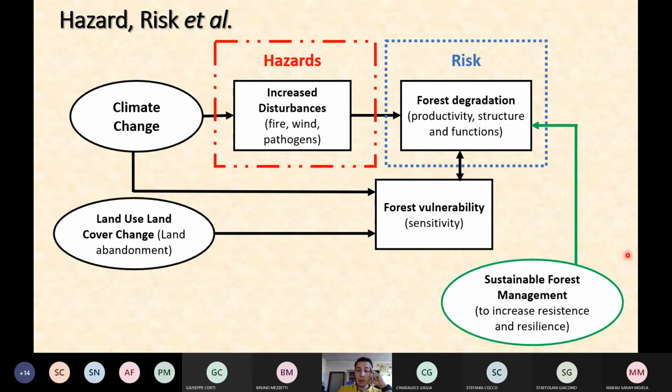So the climate change drives the forest disturbances that are wind, fire, and pathogens, and constitute the natural anthropogenic hazard.